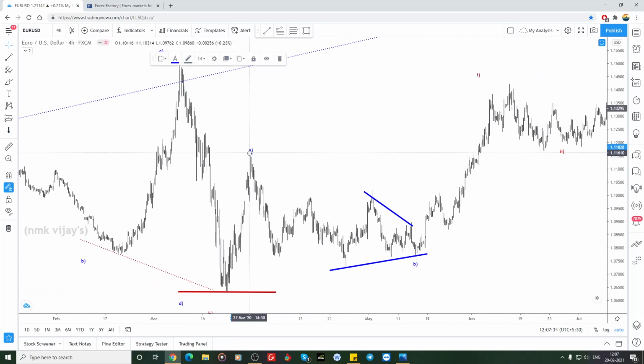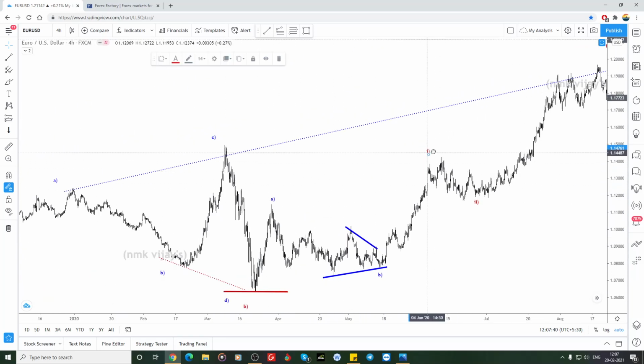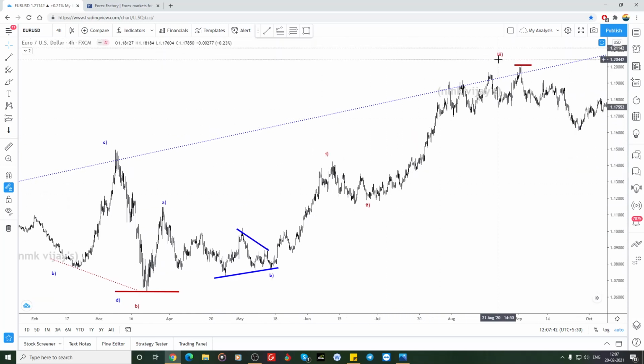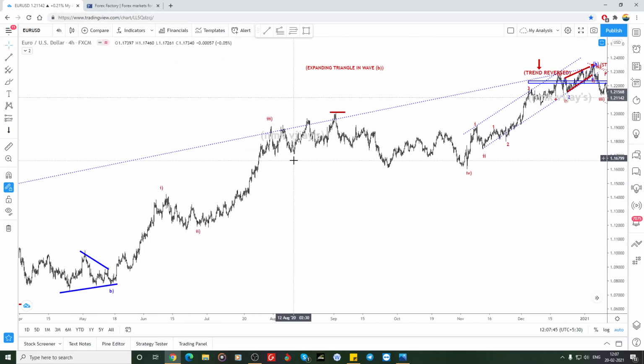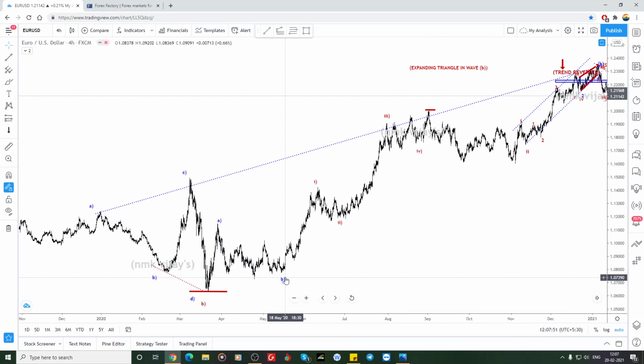So this could be a 1, so this could be a 2, again 1 2 3 4 5. So 1 2 3 4. So this couldn't be a triangle. So here we need to change our count.